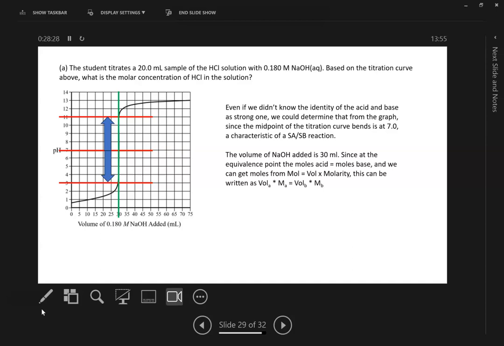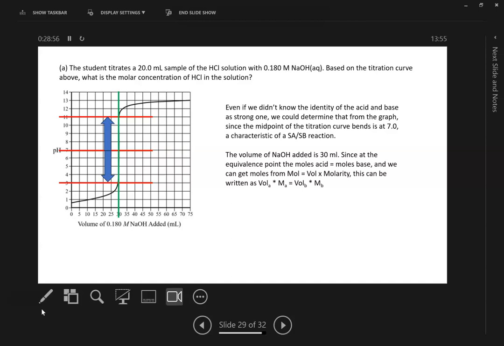Now, the volume of sodium hydroxide that was added is 30 mL, because we can look at the graph and see the green line and go, well, that's how much I added. And we know that at the equivalence point, moles acid is equal to moles base. And we can get moles because we can multiply the volume in liters times the molarity in moles per liter.